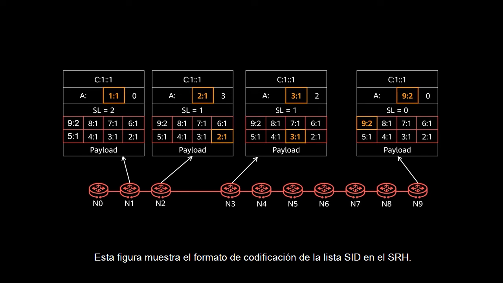So this figure shows the encoding format of the SID list in the SRH. In reduced mode, the first SID a:1:1 is not encoded in the SID list, and it will appear only in the DA. Therefore, the SL field can be set to 2, and the SI field set to 0.